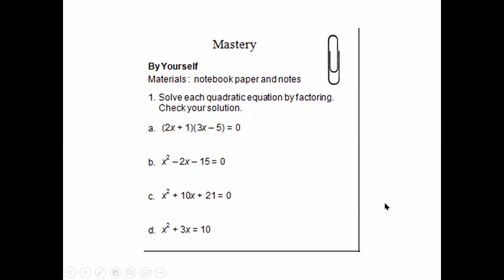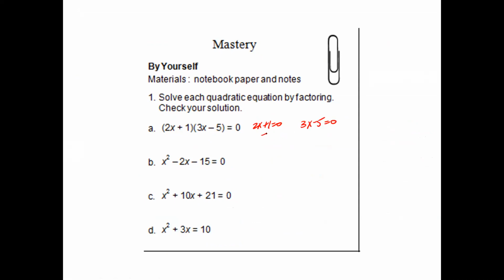Looking at this part right here, it says by yourself, solve the quadratic equation by factoring and then checking your solutions. Let's take a look at letter A. It's already factored, so all you have to do is solve it. You have 2x plus 1 equal to 0, 3x minus 5 equal to 0.